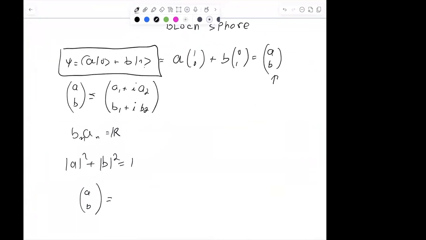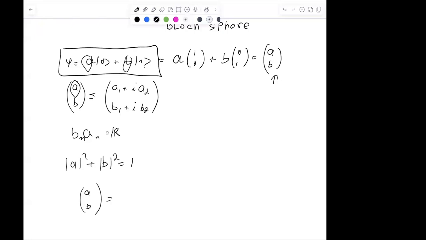If A here and B here are complex numbers, then it means that psi is a complex vector with two elements. But wait, if this is the case, we already mentioned that the complex number, like A here, is really two numbers because it's a real number and an imaginary number.